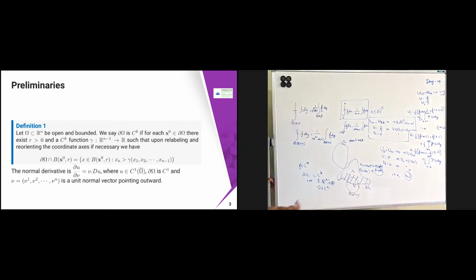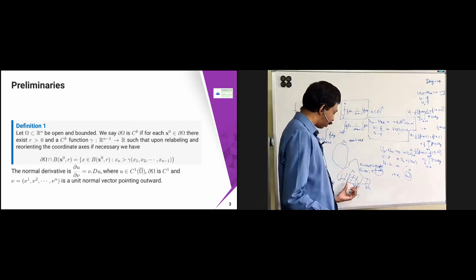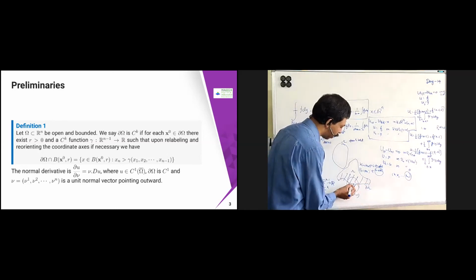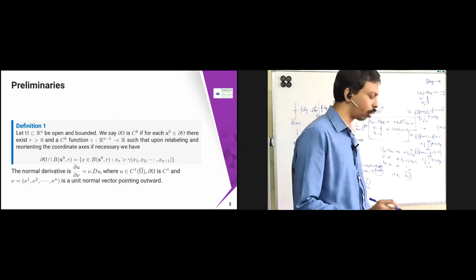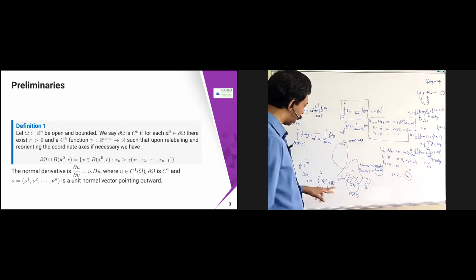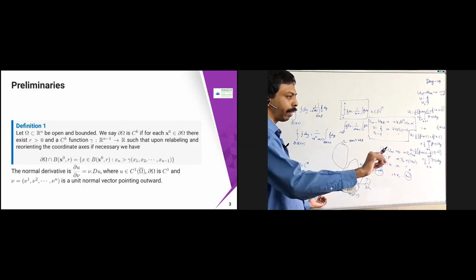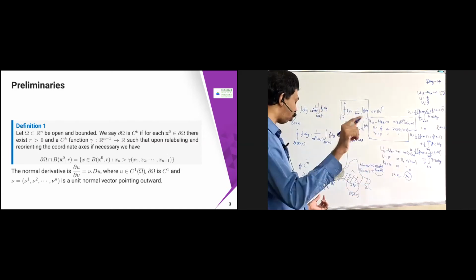In that case, what I will say is that it is nothing but the set of all x belonging to B(x0, r) such that xn is greater than or equal to gamma of the remaining variables x1, x2, etc., xn-1, because that is going to be some real number.